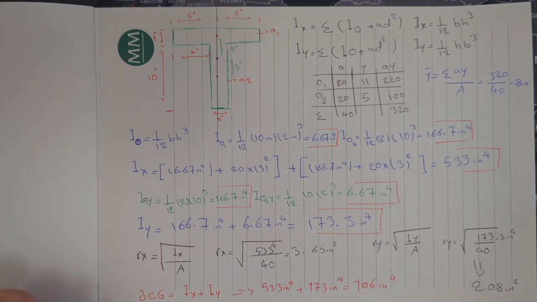And this is my polar moment of inertia. So A wanted us to calculate the centroidal moment of inertia for Ix and Iy. So we calculated Ix and Iy, and B was the radius of gyration, Rx and Ry, and C was the polar moment of inertia.